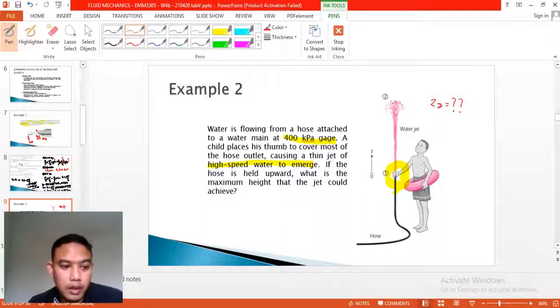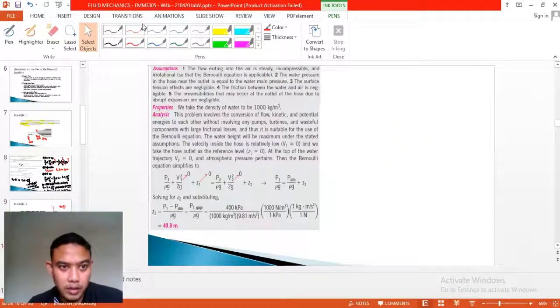Okay, as mentioned previously, first is the Bernoulli equation.